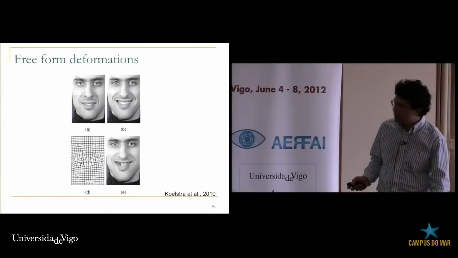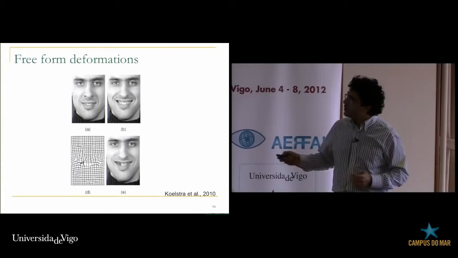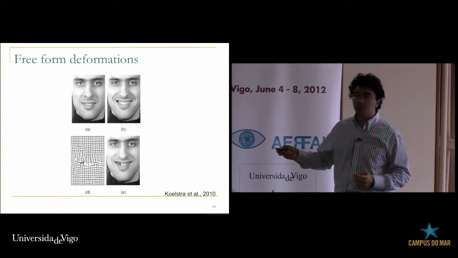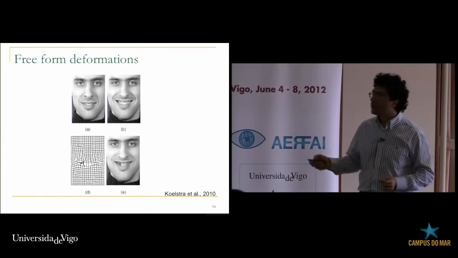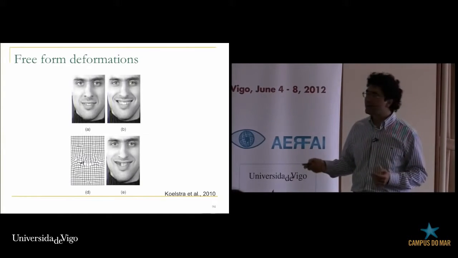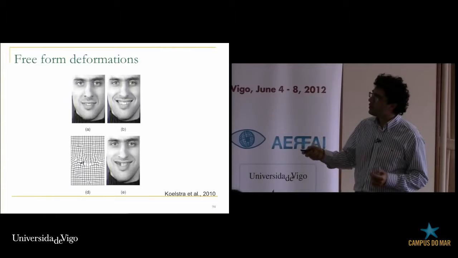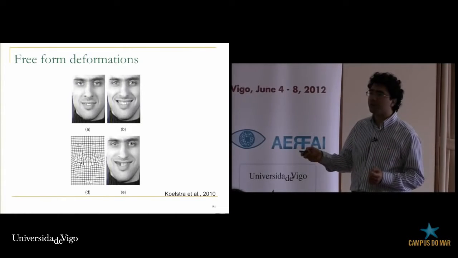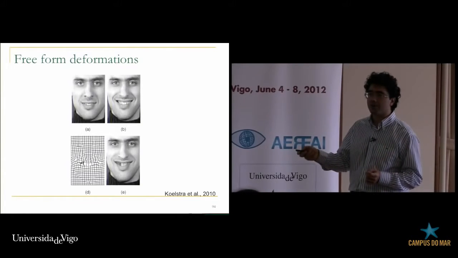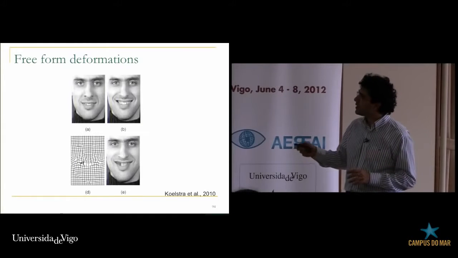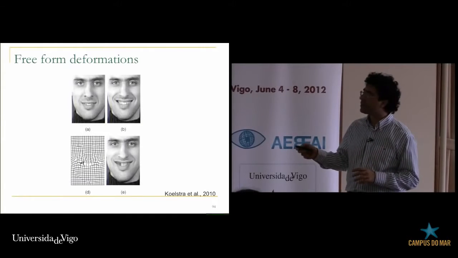Here's an example. Suppose I give you a face, a neutral face, and this is also what I meant by idiosyncrasies. You see, the person looks like a smiling face to me, but it's his neutral expression. So there is some variation. This is his actual smiling expression.